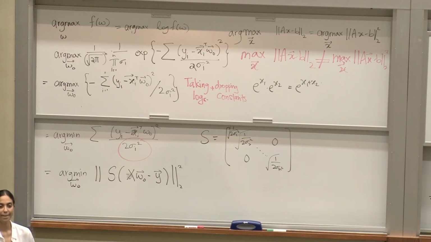Okay. Do we have to include the 1/2 in our formulation? No, right? It won't matter in terms of finding the argmax. Yes? Could we pre-process the data and standardize it to make these noises equal?